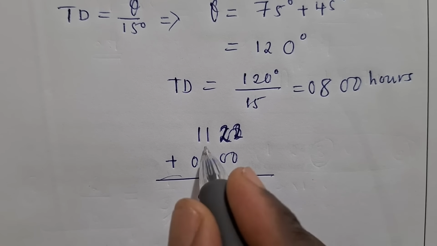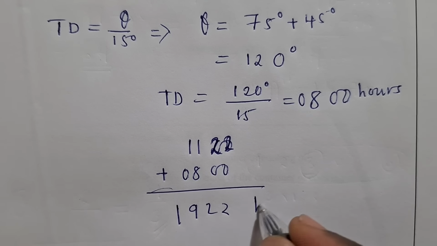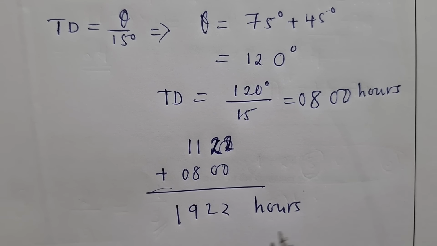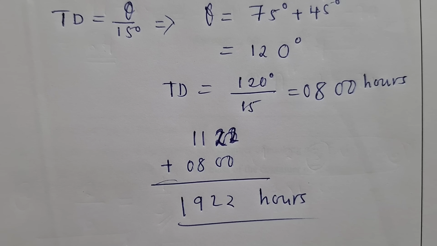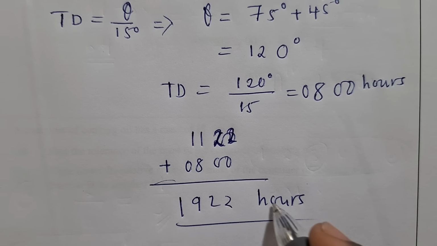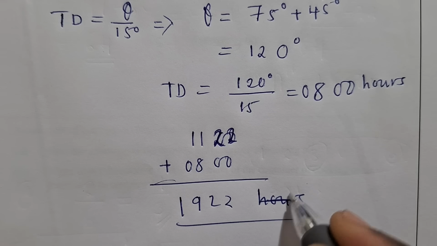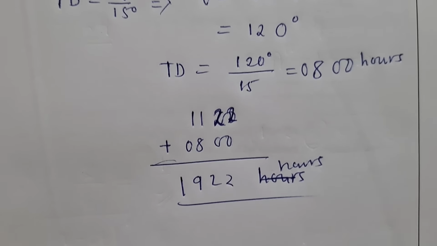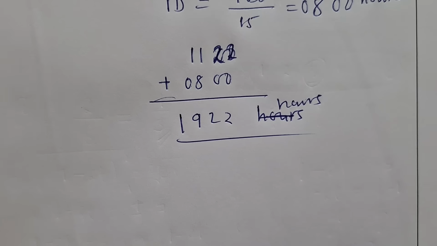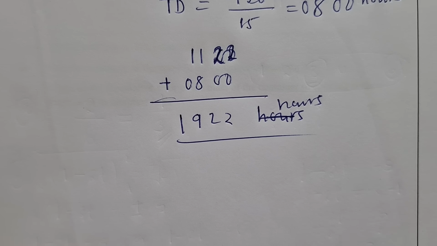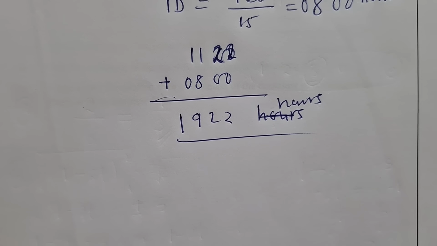This is a 9. This is a 1. So we're getting 19:22. Okay, so that's 19:22, or 19 hours, 22 minutes. So you can leave your answer like this or put hours. It's okay. So we can write 19:22 here as our time.